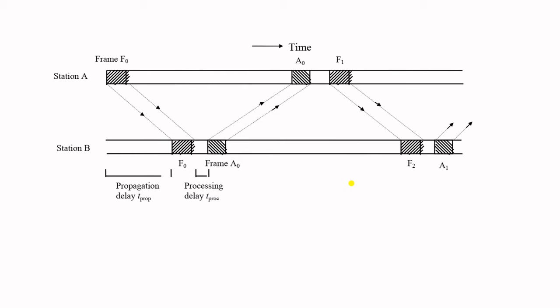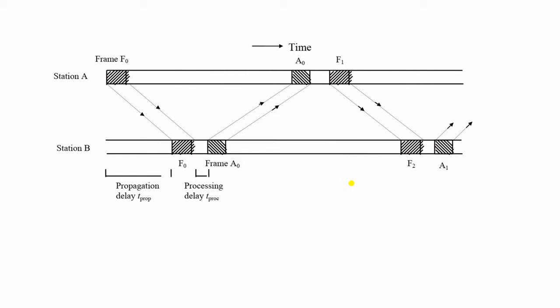After that, station B processes this frame. The time during processing is known as the processing delay, TPROC, shown here. After that, station B sends an acknowledgement regarding this frame F0, that is acknowledgement A0, back to station A. Time increases here from left to right.